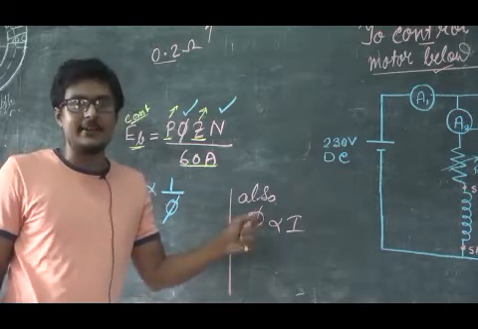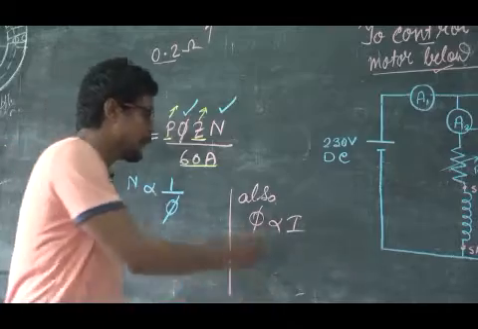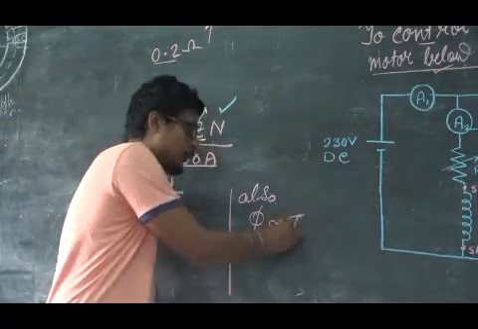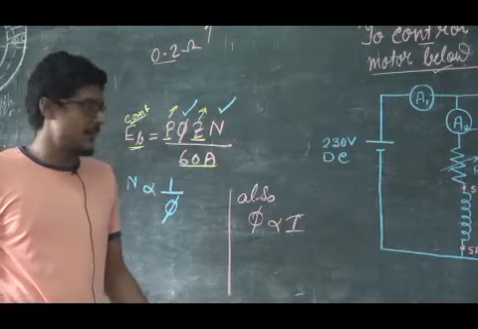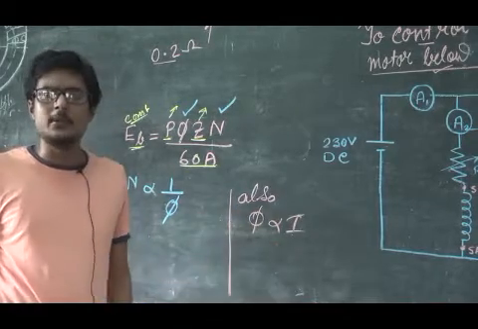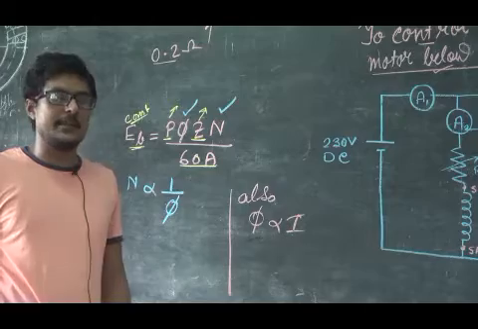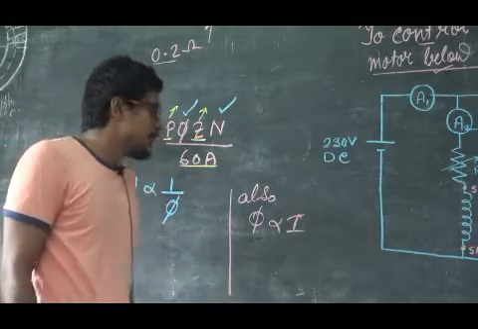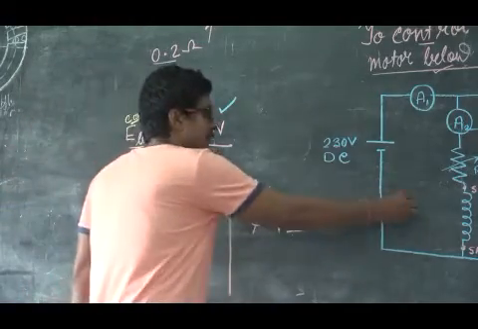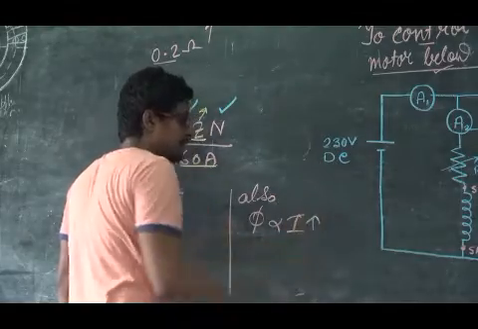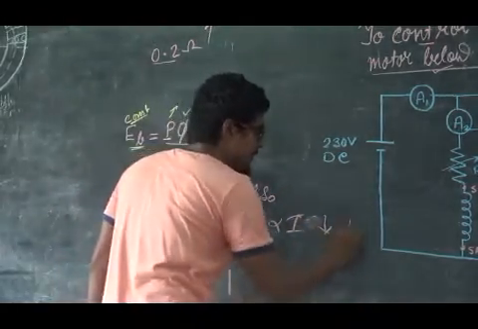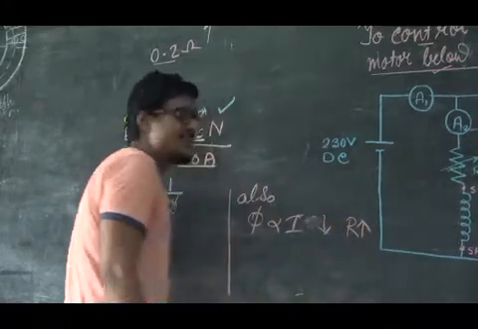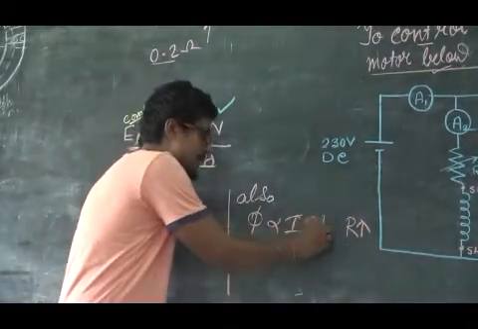We cannot directly vary flux, rather we can vary the current that is causing the flux. That means if we connect a resistance across the field winding and increase the resistance, the current will decrease.